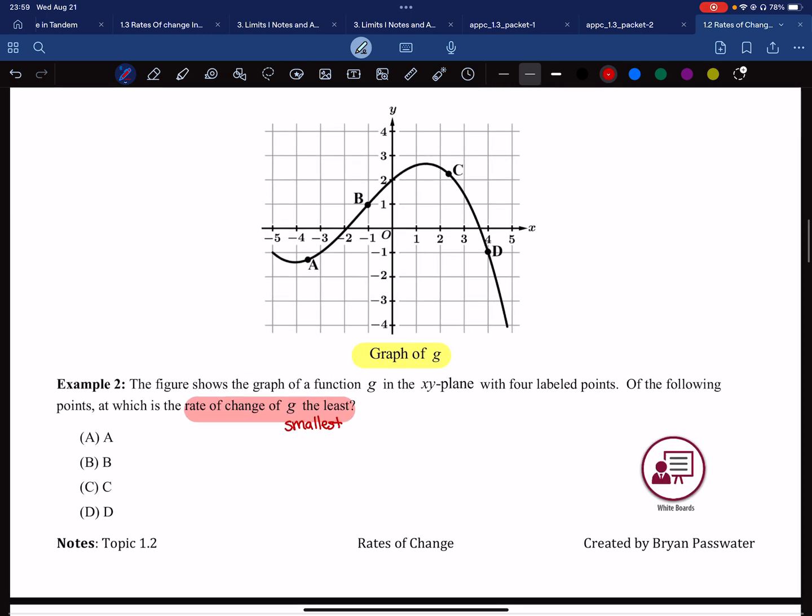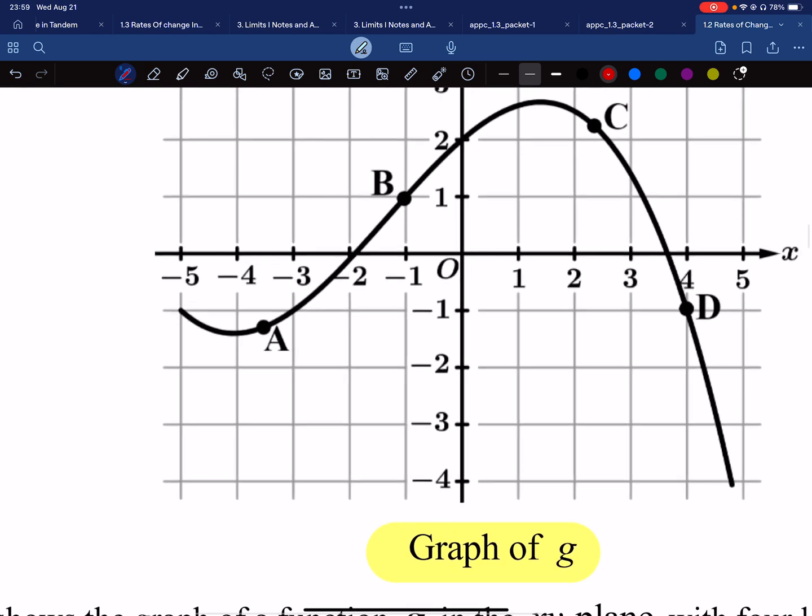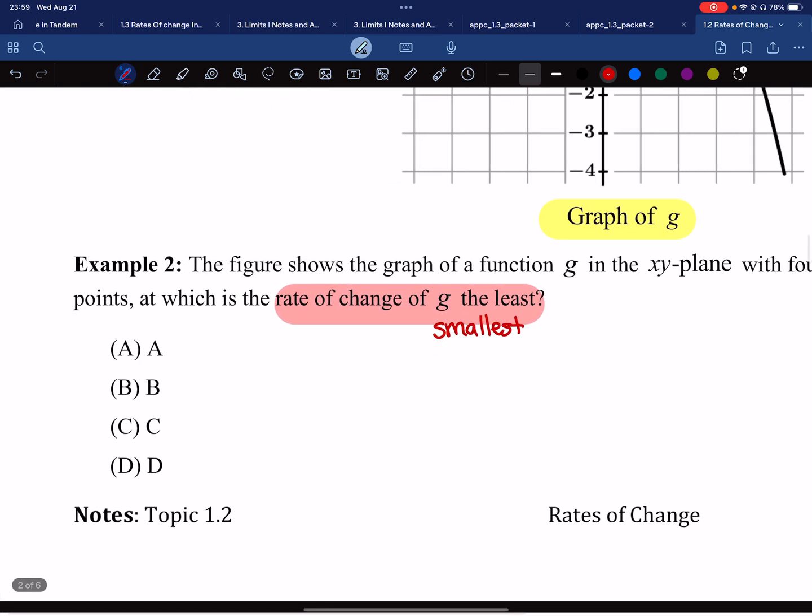We go through and look next to each answer choice, and let's write if the rate of change is positive, negative, or 0. If we look at point A, it looks like a positive rate of change. So I'm going to write that.